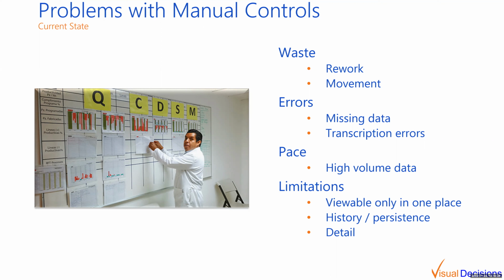Another issue that is extremely common is errors. Missing data can be a huge issue, as can transcription errors when somebody's typing that information into Excel. As an example here, I had a customer that was using a pasteboard to track production and downtime. Then they captured that downtime from the pasteboard into an Access database at the end of every shift.